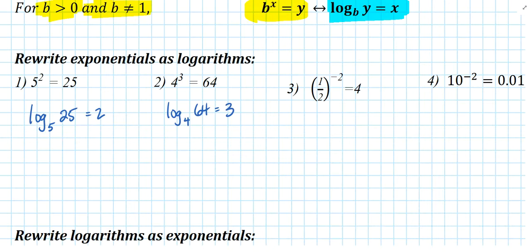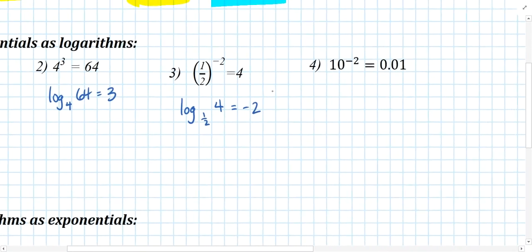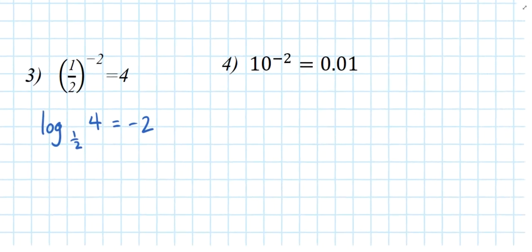The exponential equation 1/2 raised to the power of negative 2 equals 4 would be rewritten as the logarithm base 1/2 of 4 equals negative 2. What do you think this last example would look like when rewritten as a logarithm?